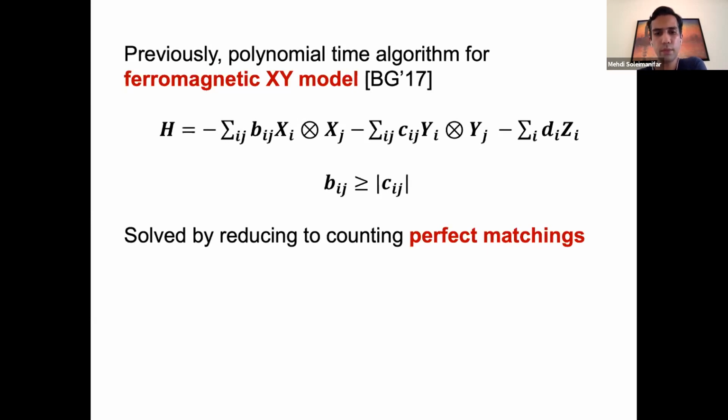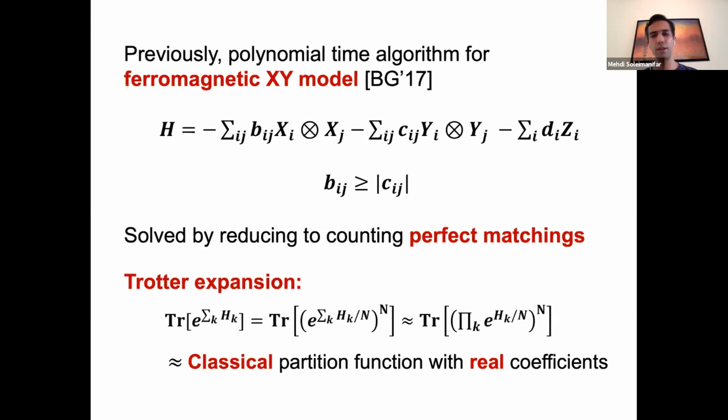Right? So I think I mentioned a few times that there is this way of mapping quantum partition functions to classical spin systems for certain families of Hamiltonians. I'll briefly tell you how this works. This is called the Trotter expansion, and it's again another way of getting rid of the non-commutativity of the terms.